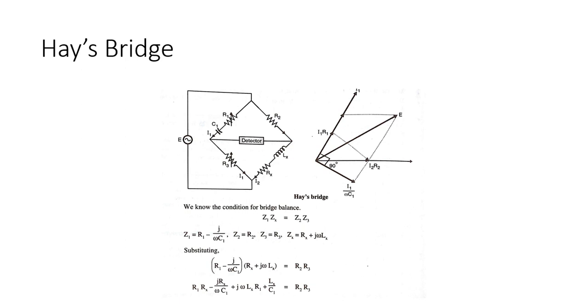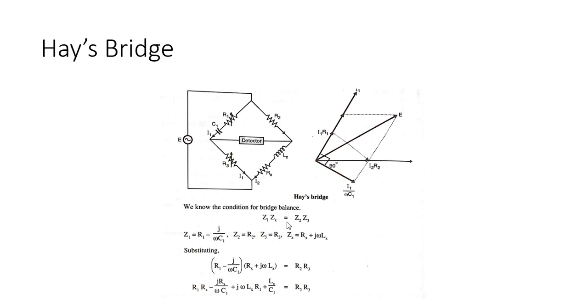That's why we will take the new terminology, impedance. For all bridges you have to keep this equation in your mind: Z1 into Zx, the impedance of this into the impedance of this, is equal to Z2 into Z3. Now you know the basics, I think.